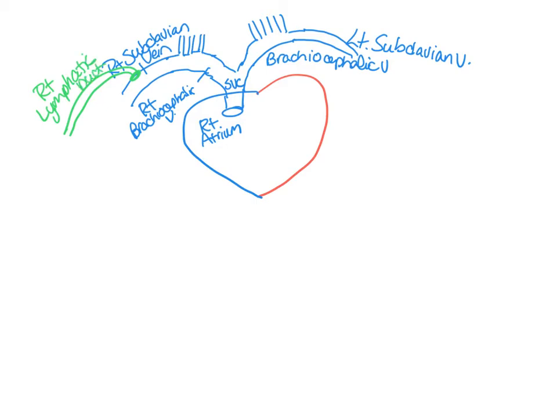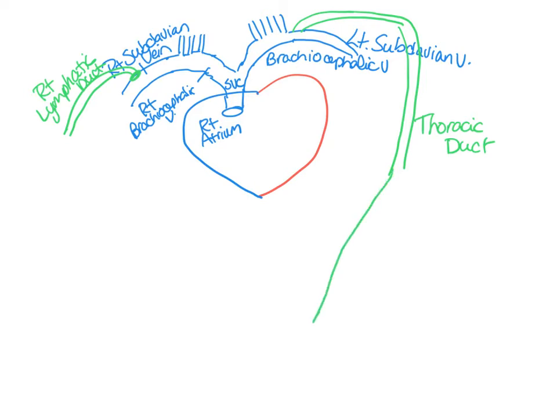The other one drains into the left subclavian vein, and that one is called the thoracic duct. Now the thoracic duct goes all the way down the chest cavity, and then in the abdominal area, it expands to become a cistern where it's collecting fluids, and this is called the cisterna chyli.